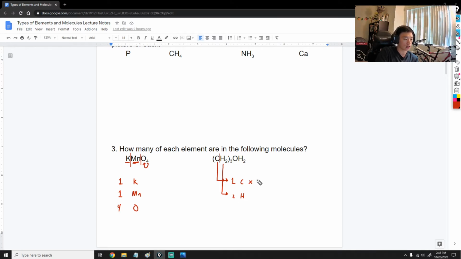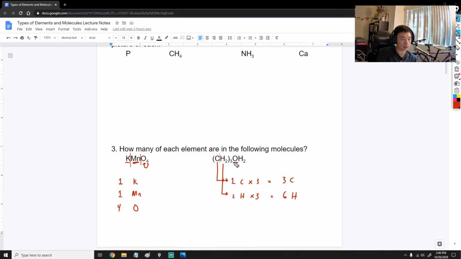What that means is you're going to have to multiply everything on the inside of the parentheses by 3. So basically there are 3 C's, and there are 2 times 3, 6 H's inside the parentheses. So inside the parentheses, we have 3 C's and 6 H's.